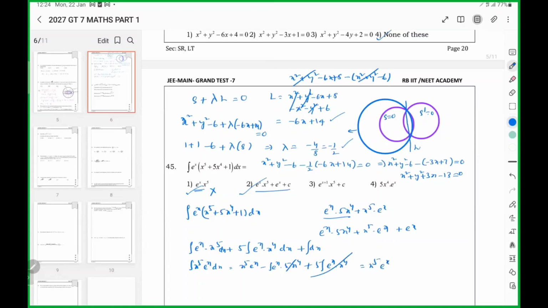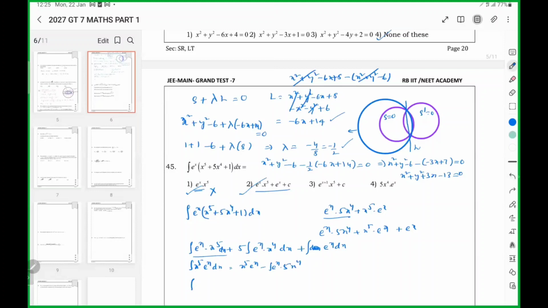Then e power x plus integral e power x dx also there. One minute. So I evaluated this.